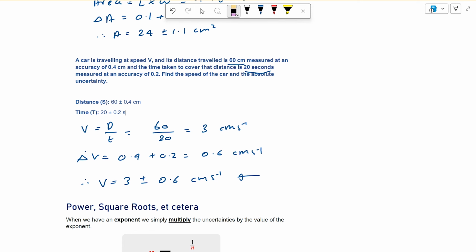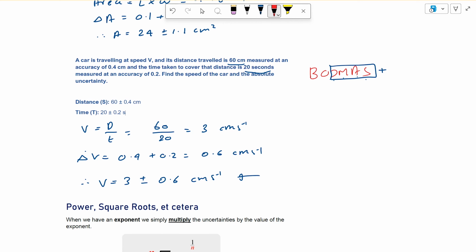So now, before we move on to the next section, I want you to remember this. Whenever you're working with absolute uncertainties, if you need to divide, multiply, add, or subtract, you will always be adding your absolute uncertainties.